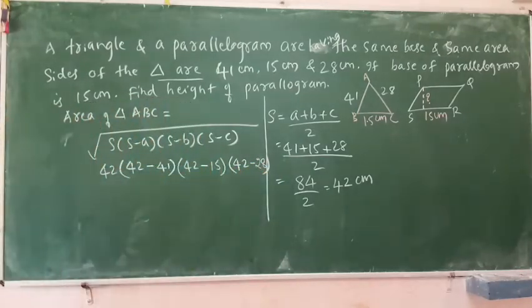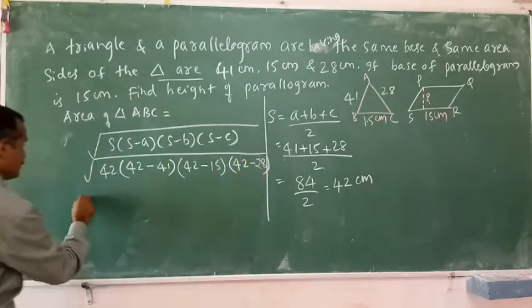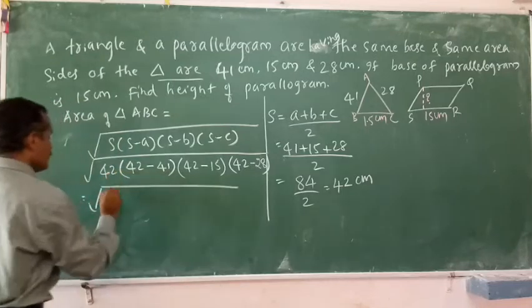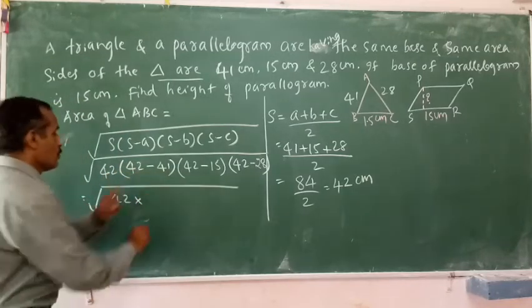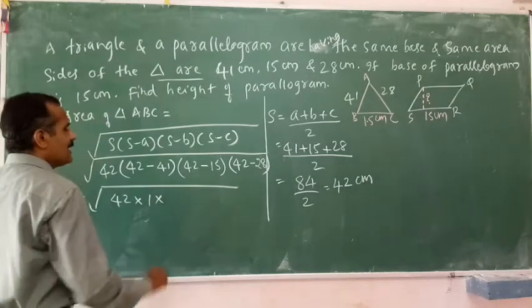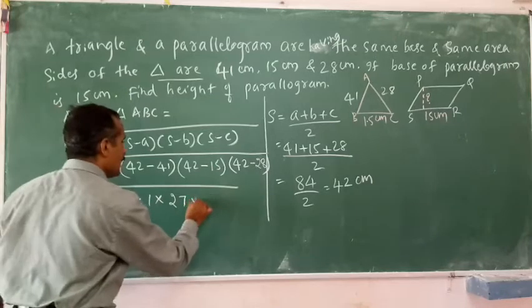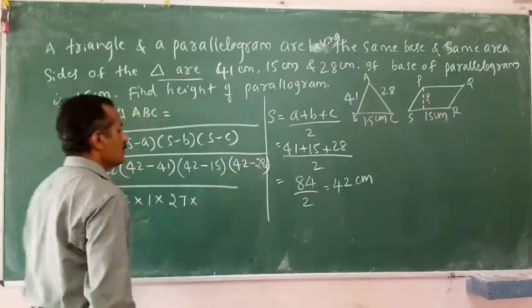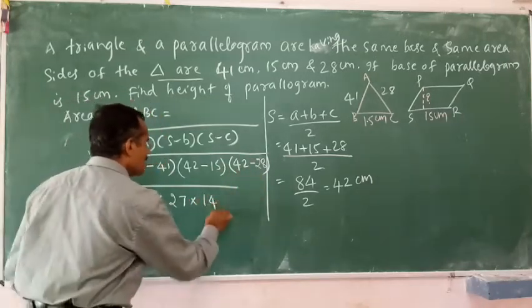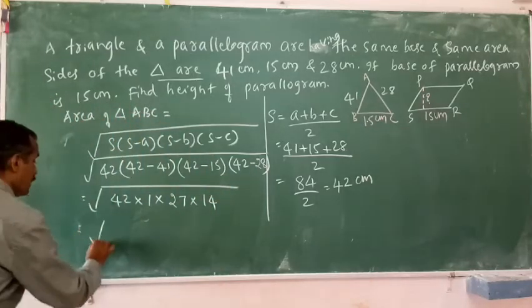Everything is under root, which is equal to under root 42 into 1 into 27 into 14.